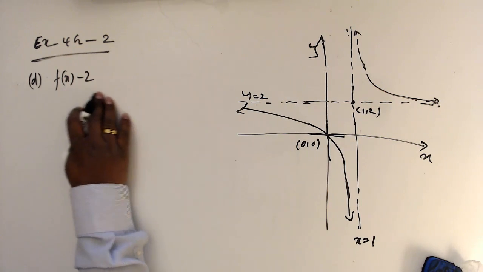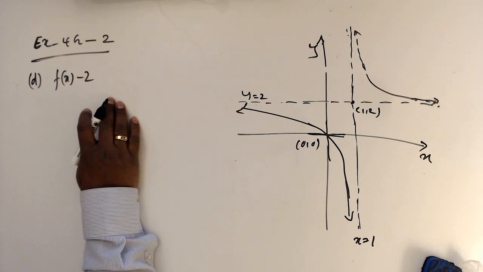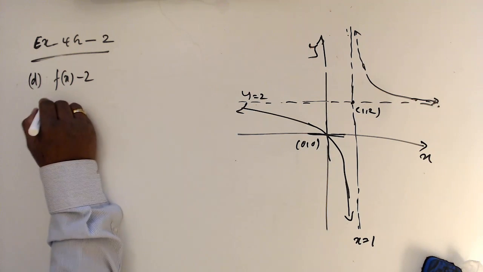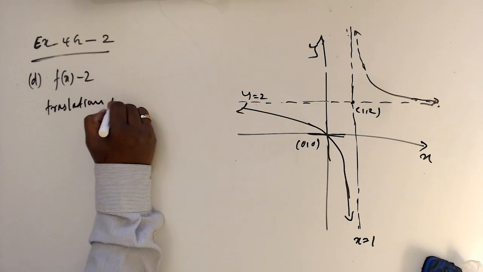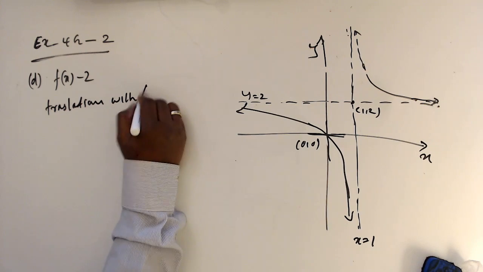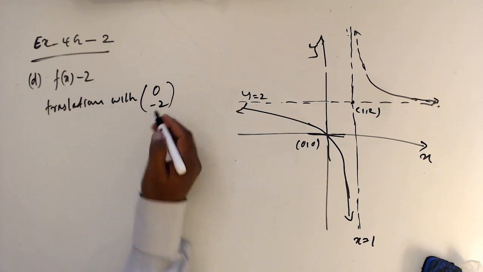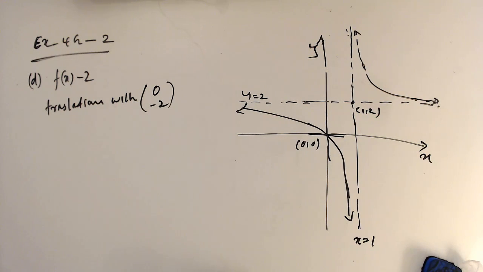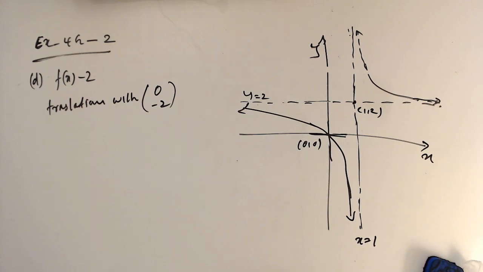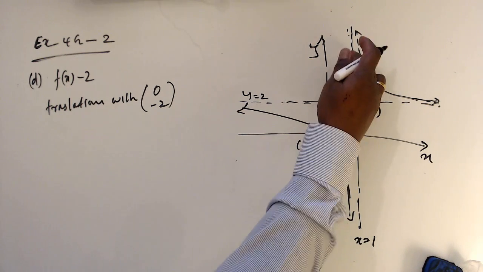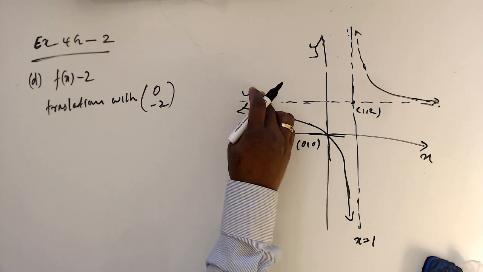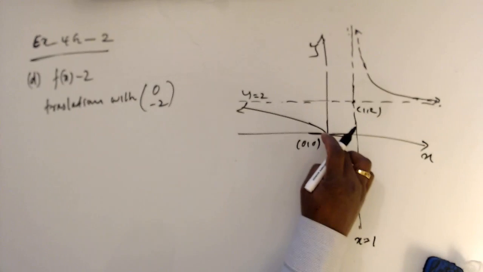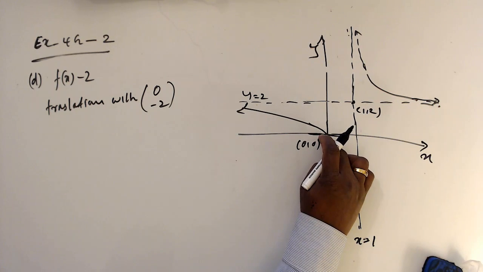Part D is f(x) minus 2. Now this is again a translation with 0 and minus 2. We have to pull down the whole system by 2 units. It means it is not going to affect x equal 1. And the y equal 2 line becomes y equal 0.